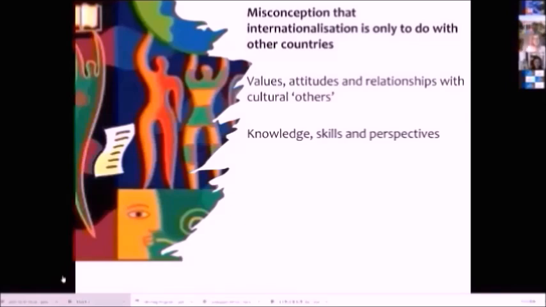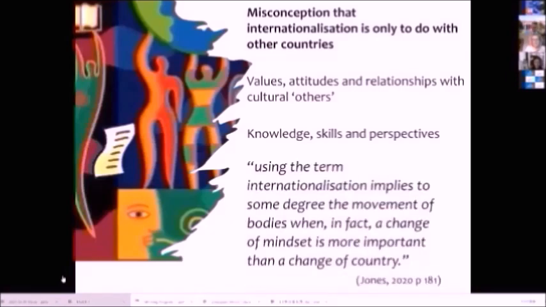So it's not simply about other countries, it's about different cultures. And we need to develop the kinds of knowledge, skills, and perspectives that an internationalized curriculum can bring. And if we use internationalization as a term, we think about moving bodies, whereas in fact it's changing the mindset, changing our approach and our ways of thinking that is more important than simply going to another country. Of course, going to another country can help, but it's very important to bear in mind cultural differences at home.